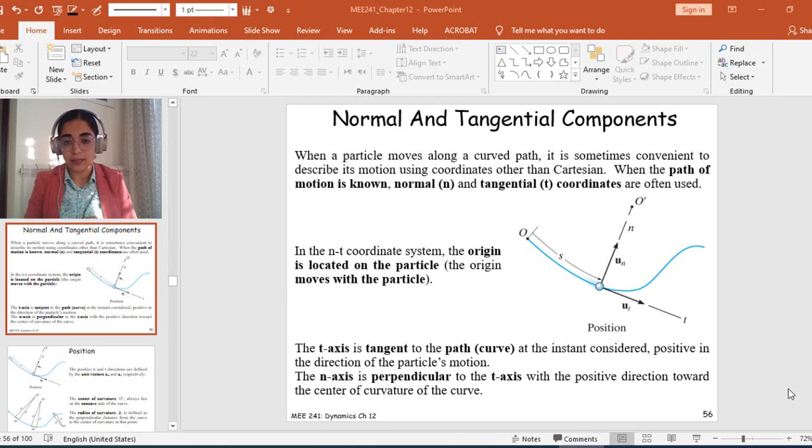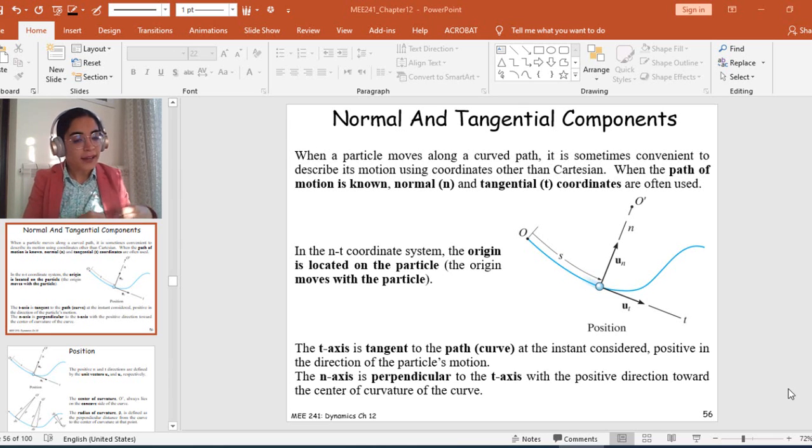What helps me in doing this is that the unit vectors i, j, k are fixed with respect to time. A vector is fixed with respect to time if its magnitude is constant and its direction is not changing. That's why i, j, k are fixed. The rectangular unit vectors are fixed.